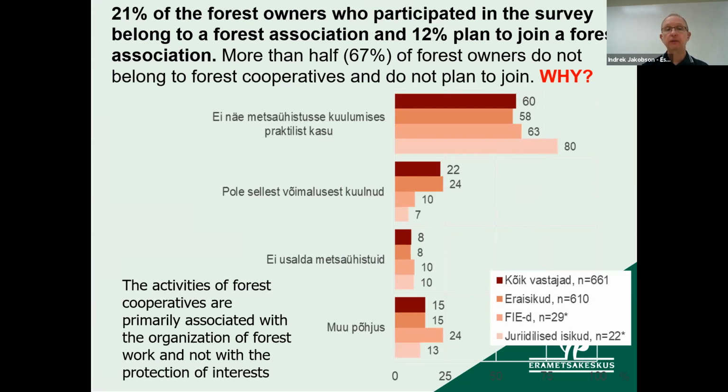Normally the forest owners associations are associated with forest work, and they have no idea that they can be part of the organizations that protect forest owners' interests. So the result, briefly, is that in Estonia people see the Forest Owners Association as an organization which provides work in the forest. And that's it. All other functions are not important.